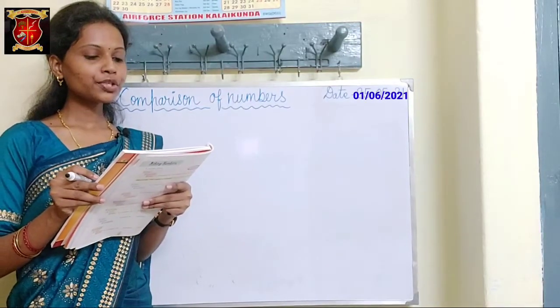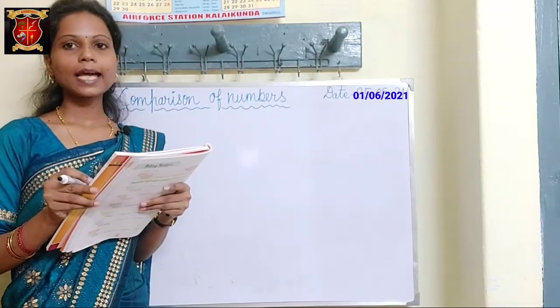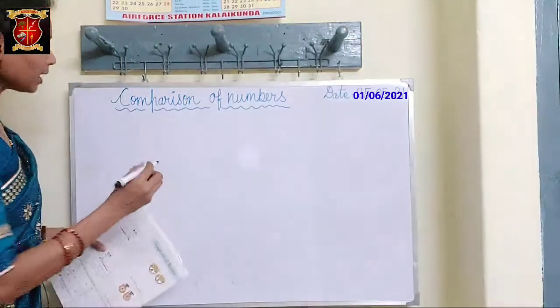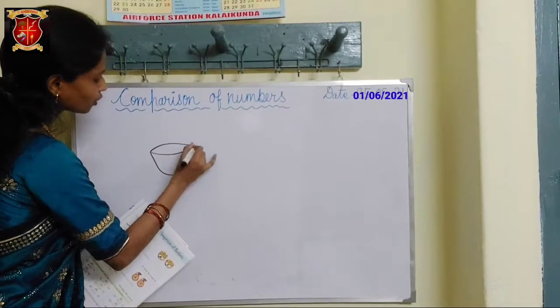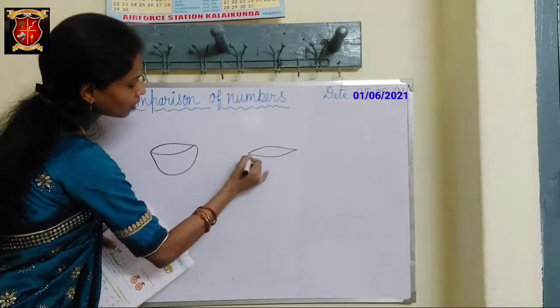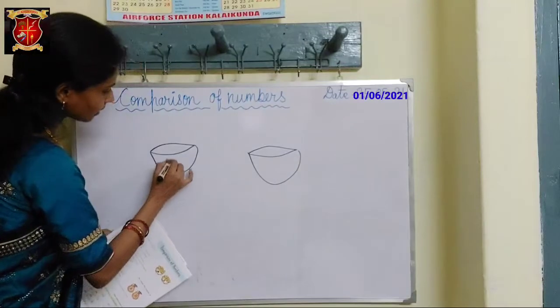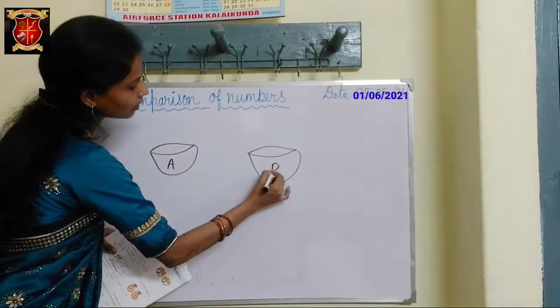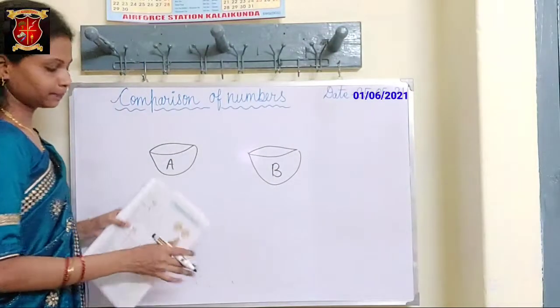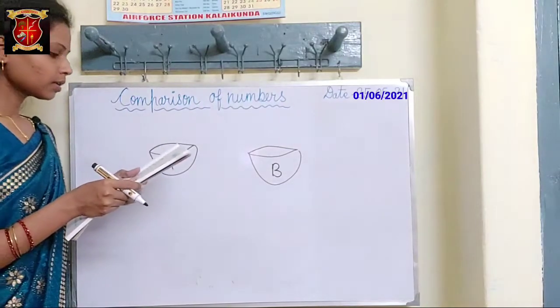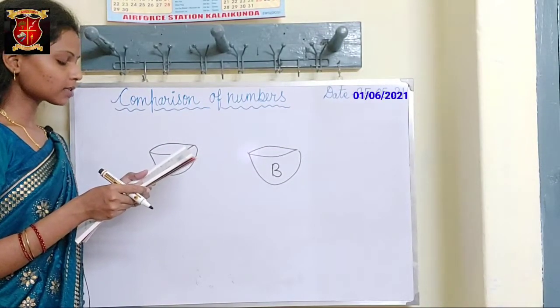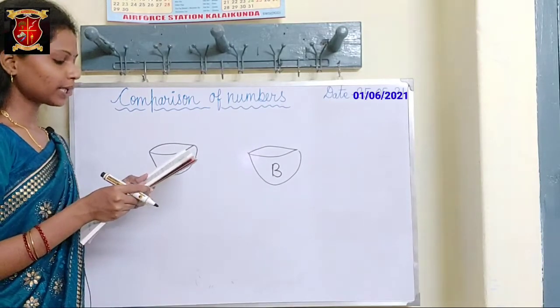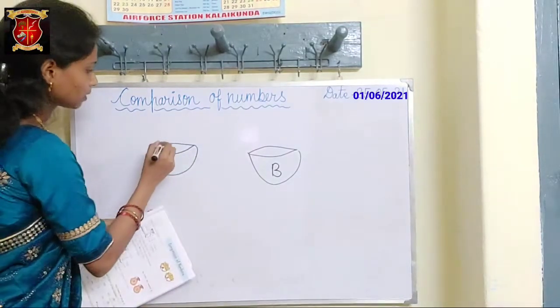There are two baskets A and B. Okay. So what is the question? There are two baskets A and B. Next it is written A has 203 mangoes.